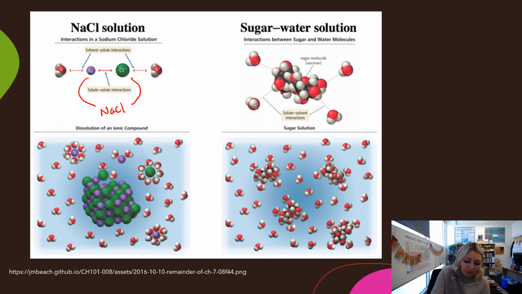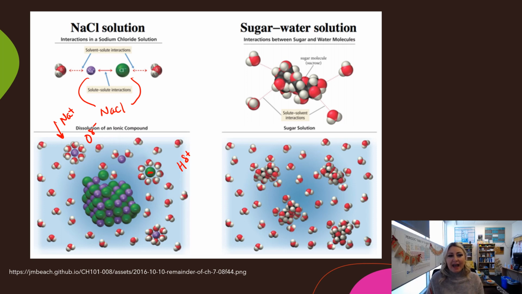And in water, we see hydrogen with a slight positive charge wants to be closest to chlorine with a negative charge. And we see sodium with a positive charge is going to be closest to our oxygen with a slight negative charge. So we see the water orienting and forming a solvation shell around each of those ions.